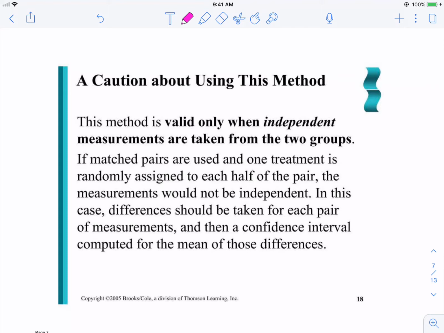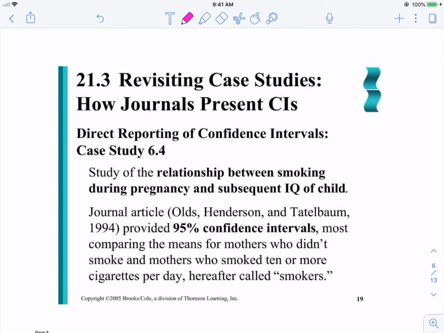That's kind of like what I said here with if you had a big group and then half of them were diet, half of them were exercise, that is not independent. They need to be separately drawn from different groups. In this case, the differences should be taken for each pair of measurements and then a confidence interval computed for the mean of those differences.